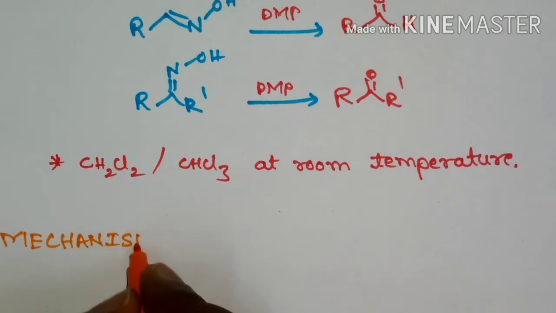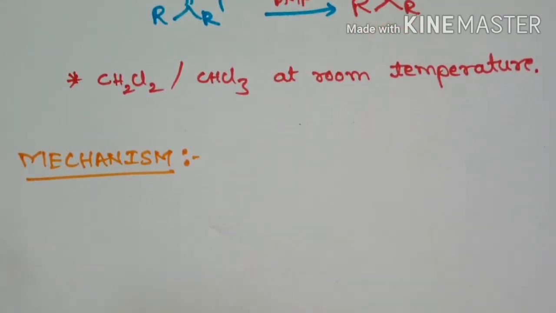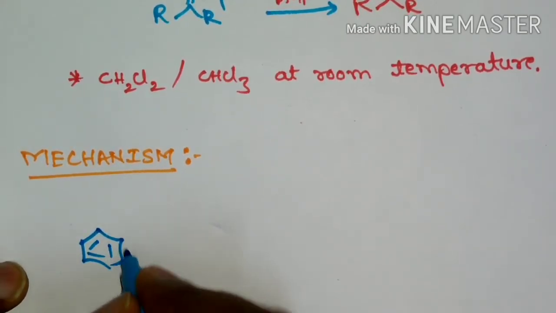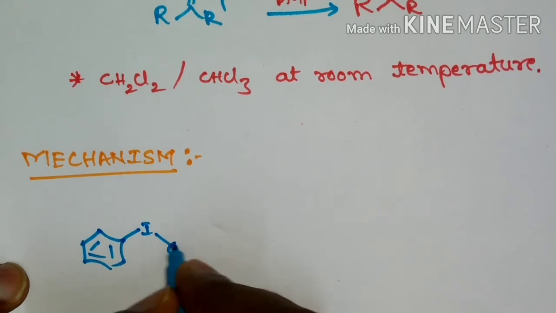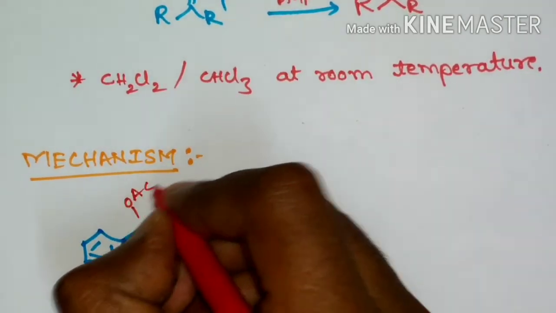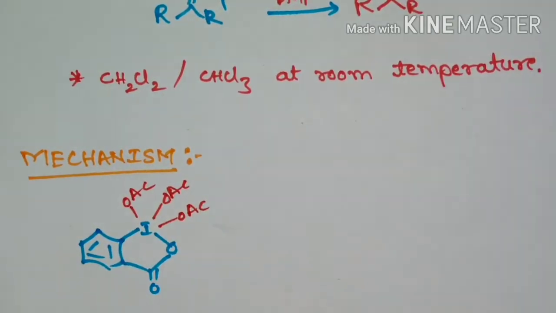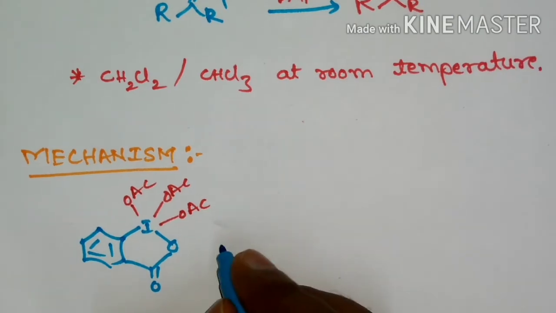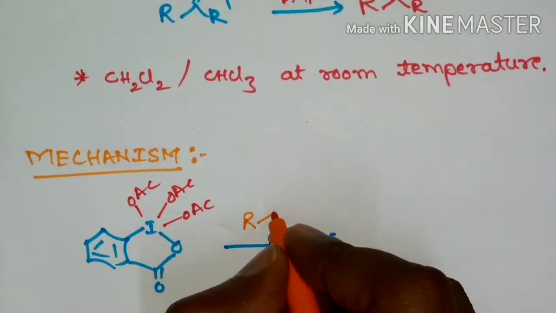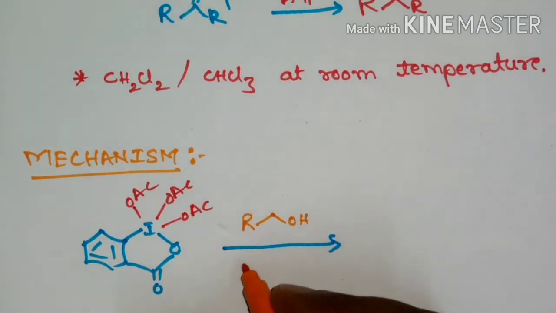What happens in the first step is this Dess-Martin periodinane, in the presence of alcohol, will undergo a substitution reaction.